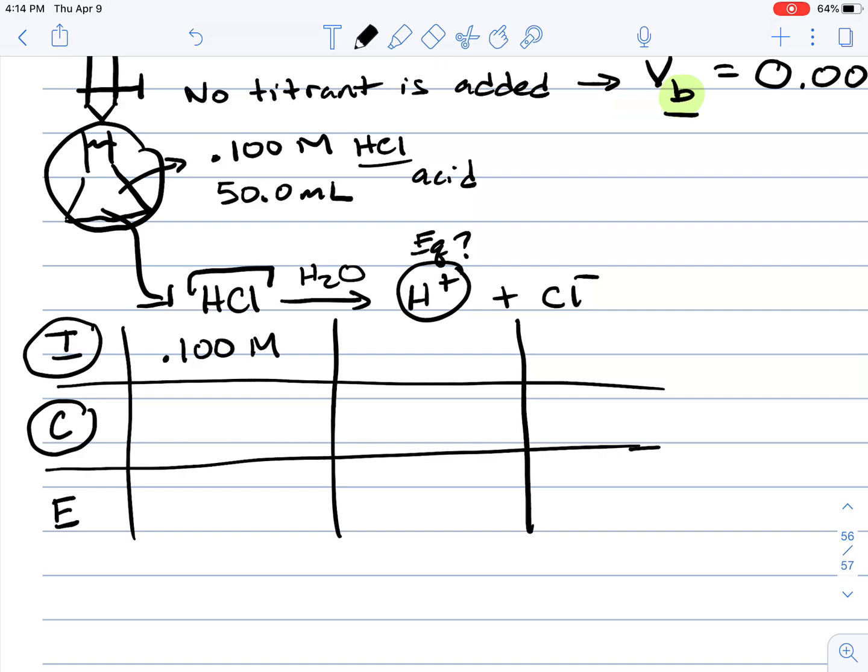And so hydrochloric acid, is that a strong acid or is that a weak acid? Hydrochloric acid is a strong acid. And what do we know about the change for strong acids? It's 100% dissociation or ionization. And so that means that all of the hydrochloric acid that was placed in the solution is going to ionize to produce the products.